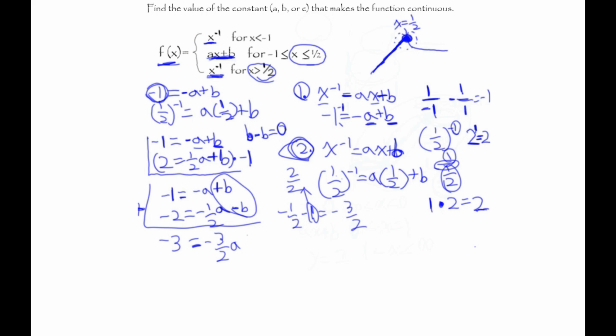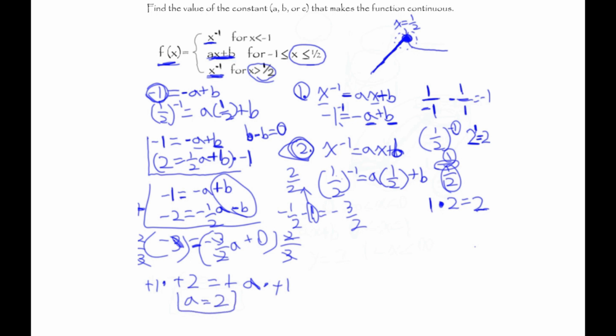B minus b is 0. So now we can solve for the variable a. So I'd multiply both sides by 2/3. The 3's will cancel out here, and that'll give us negative 2 is equal to negative a. And you multiply both sides by negative 1 to cancel out the negative signs and isolate a by itself, which is a is equal to 2.